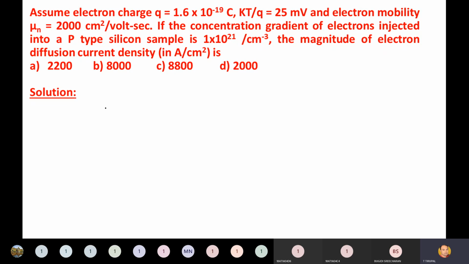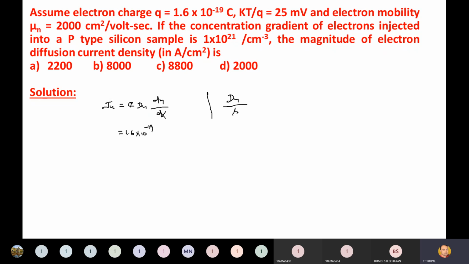Magnitude of electron diffusion current density, what do you need to find? Jn is equal to q Dn dn by dx. The gradient is given. You need to find Dn. q is given already, 1.6 into 10 power minus 19. How to find Dn?